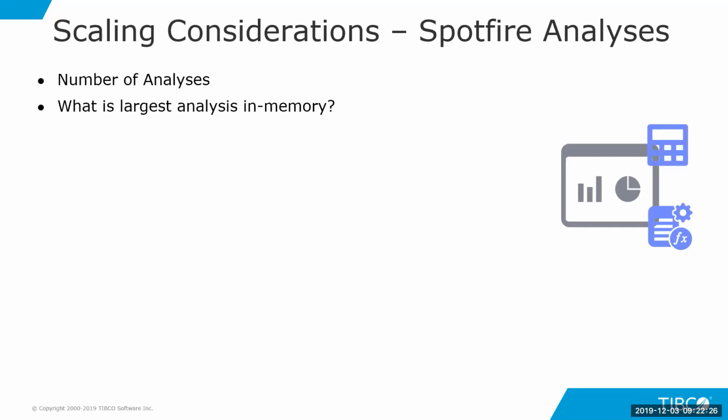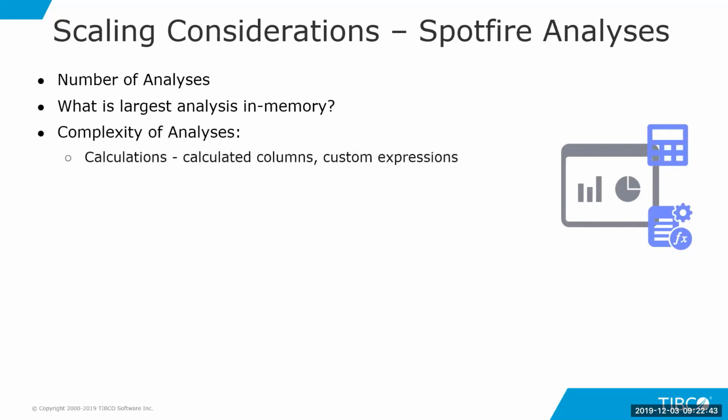You don't want to have a web player with 32 gigs when someone's brought in 64 gigs of memory into one analysis file. But you can have web players with different sizes, and they don't all need to have the same amount of memory. Complexity of analyses affects, again, the CPU: the calculations, scripts, IronPython.